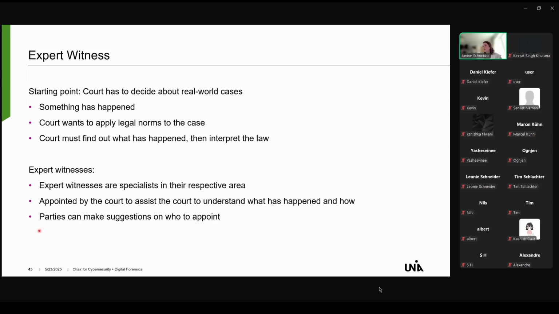The defense, the prosecution, and the judge can all make suggestions, and then in the best case they agree on one person or one company or one party, and this party is appointed expert witness in the case.